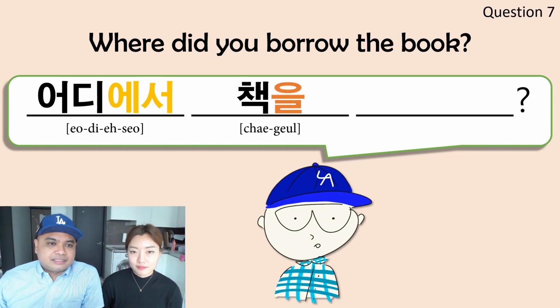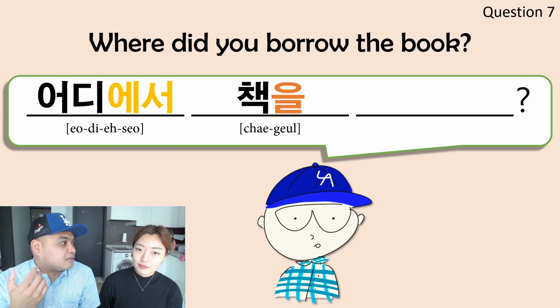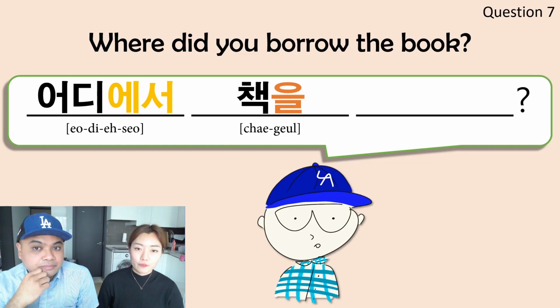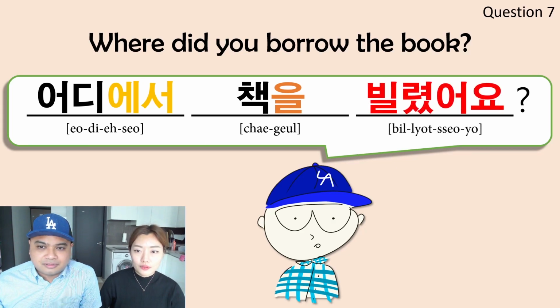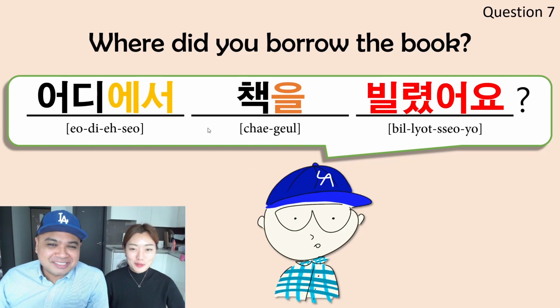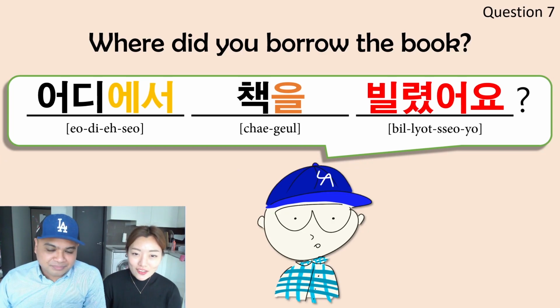And then the conjugated form? 빌려요. And then borrowed, past tense, 빌렸어요. That is so hard for me to say. But that's good. Yes, I did it. 어디에서 책을 빌렸어요?